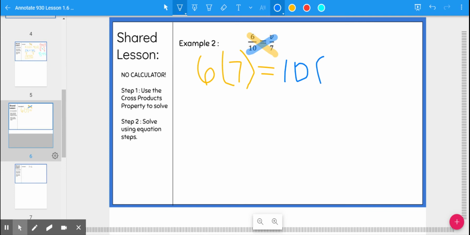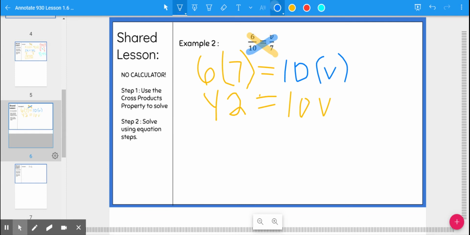And now we have 6 times 7, which is 42, is equal to 10v.